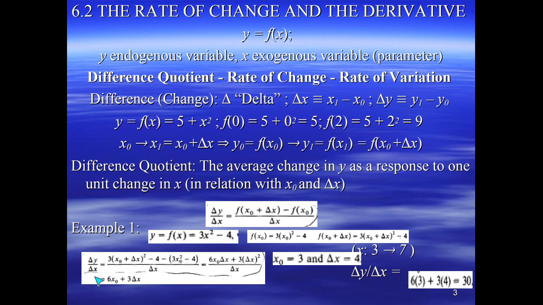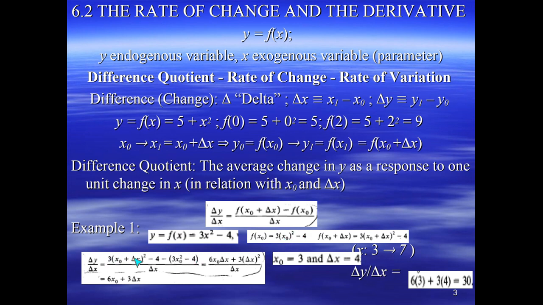So, what is delta y over delta x? Well, this is not so difficult. At the denominator, we have delta x anyway. And at the numerator, we have y1 minus y0. This is delta y, which is f of x0 plus delta x minus f of x0, which is 3 times x0 plus delta x in square minus 4 minus 3 times x0 square minus 4.